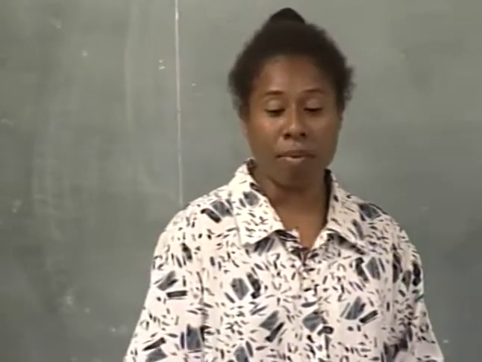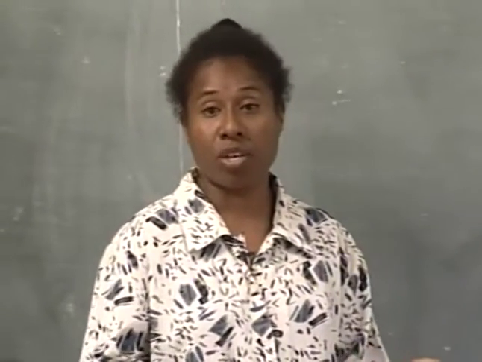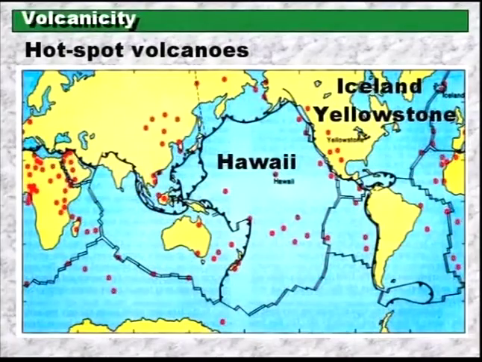Let's look at the example of the country Hawaii. Before we look at the information presented on that particular example, let's look at a map of the world showing us examples of volcanoes which can be identified as formed due to hotspots in the Earth's crust or in the mantle.